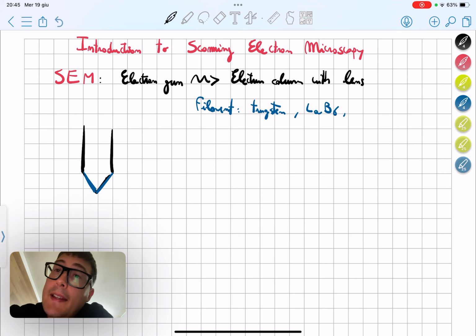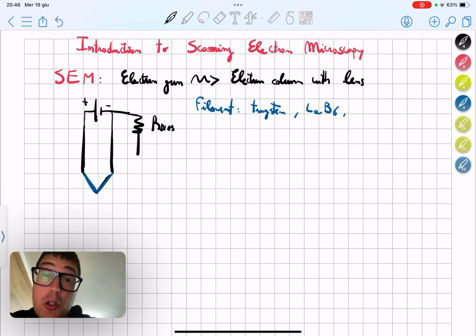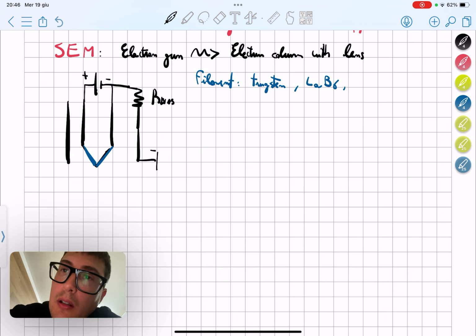This filament is connected with a bias. The bias, of course, has a resistance, and this is negative, this is positive, of course. The filament works as a cathode, and we will see in a second that there is also an anodic part, which is used to create an electric field. So there is a cage here, like this.